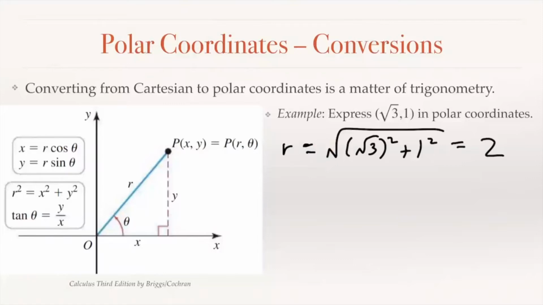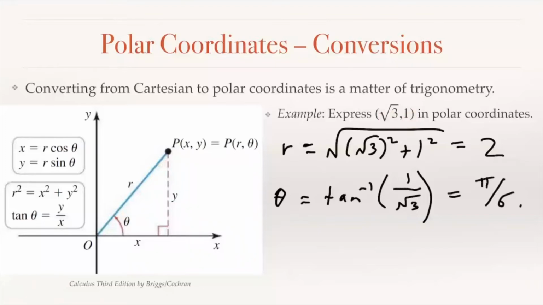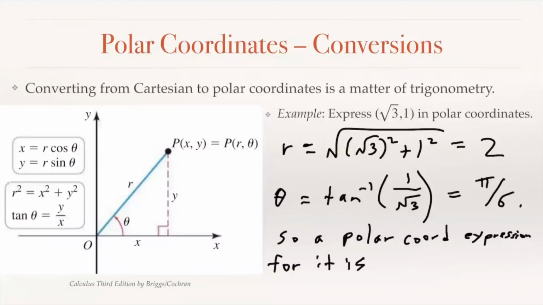Theta would be the arctangent of y over x, that's 1 over root 3, and that is pi over 6. So a polar coordinate expression for that point in Cartesian coordinates is 2 comma pi over 6.